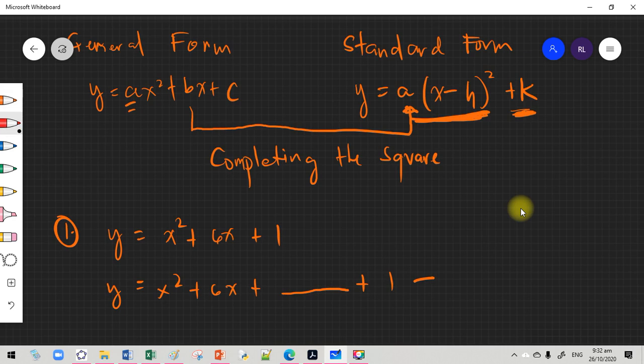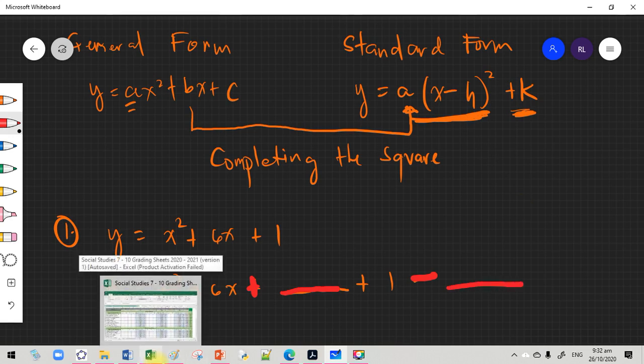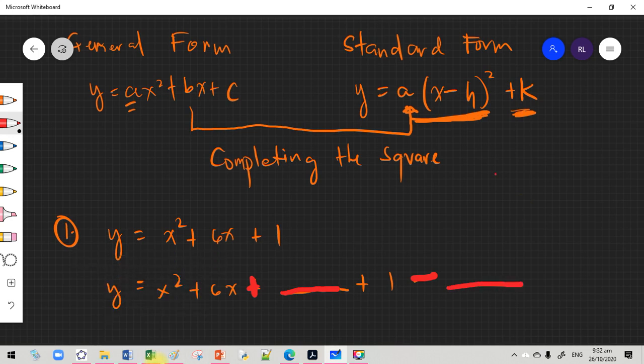Just add something, then after that subtract something. What we are going to add here and subtract here is just half of b, then squared. Half of b then squared. Let's talk later on about why it is add then subtract.